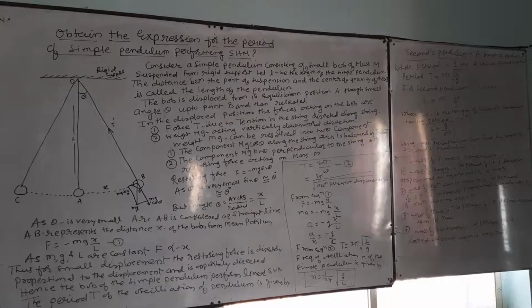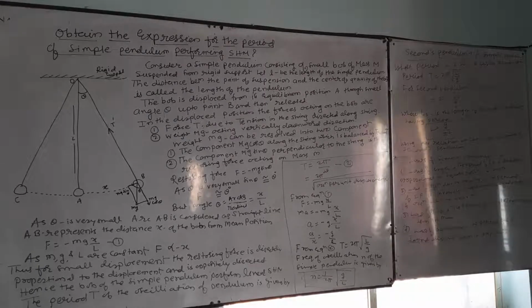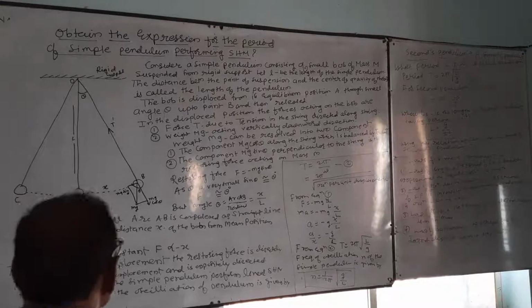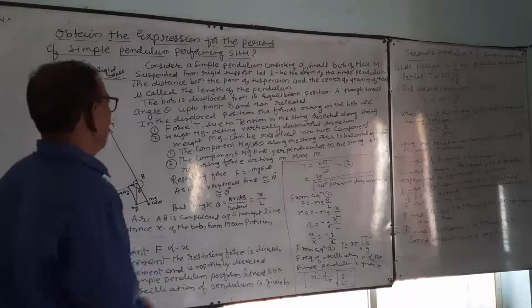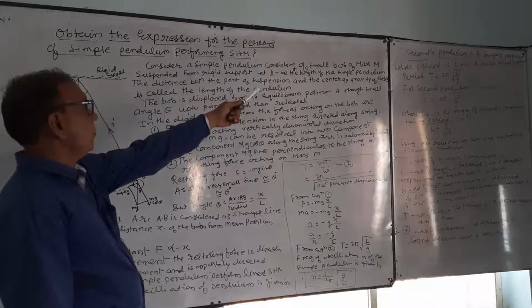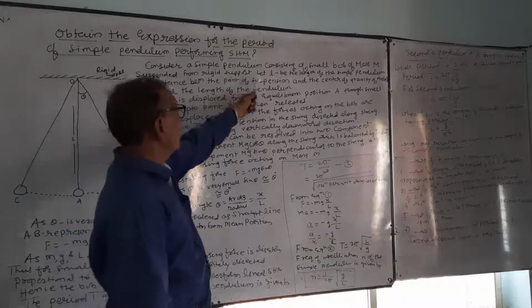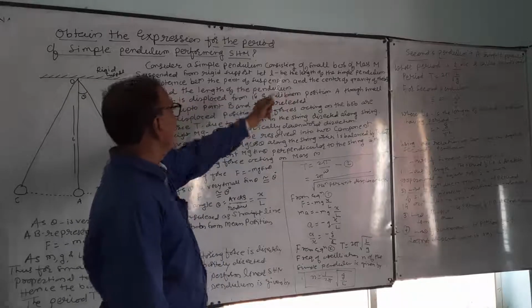Obtain the expression for the period of a simple pendulum performing SHM. See here once again, consider a simple pendulum consisting of a small bob of mass m suspended from a rigid support. L is the length of the simple pendulum.